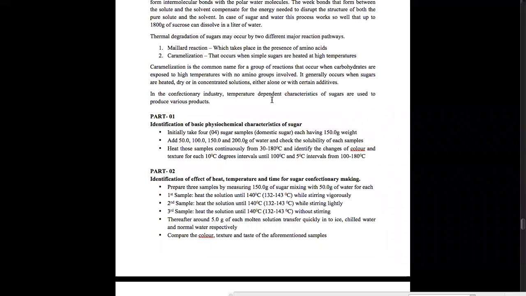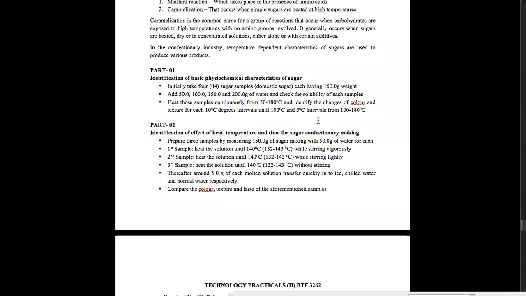We have to take 4 samples and add water, and we are going to increase the temperature from 30 degrees to 180 degrees Celsius and get the readings. Here you can get very interesting results. So you all have to take photos and attach them to your practical reports, right?